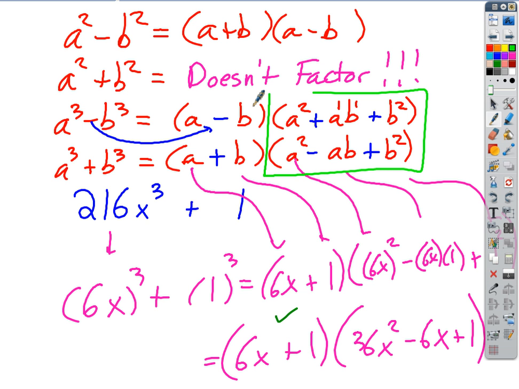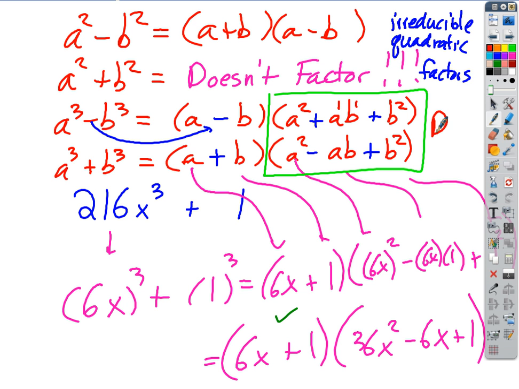They're what we call irreducible quadratics. Irreducible quadratic factors, which translates into done. They can't factor any further ever. So that's good news. They're done. So that's our answer. End of story. Okay? Make sense?